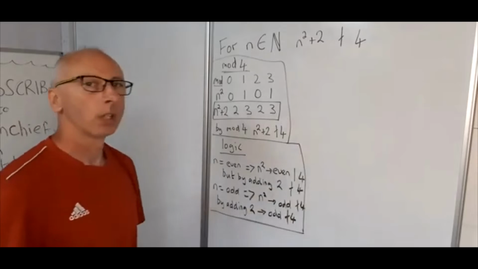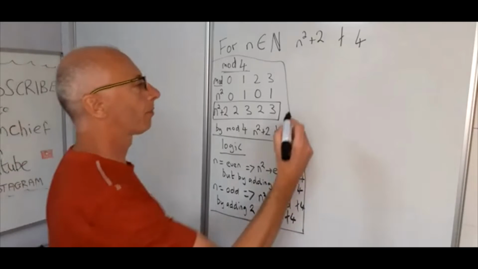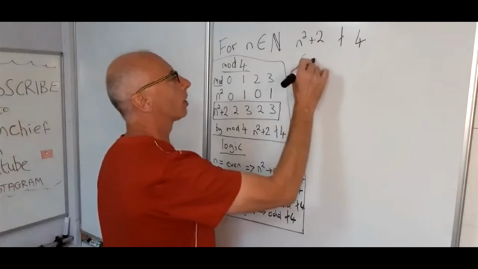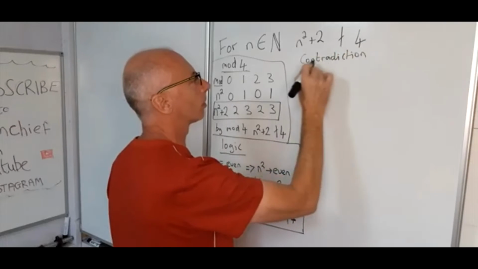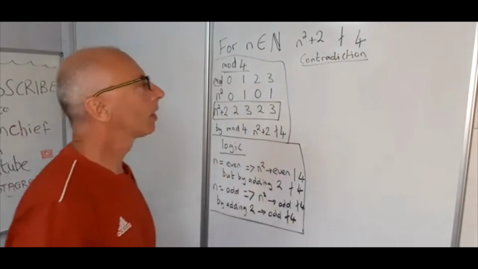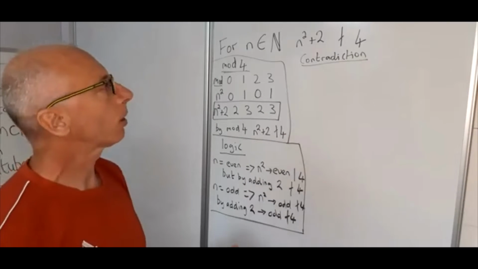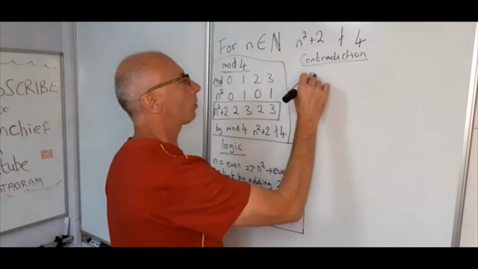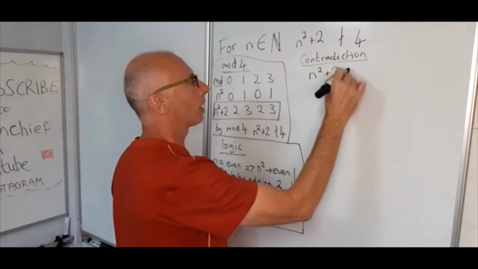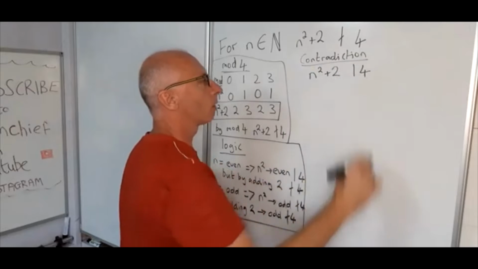What about proof by contradiction? So that's our next method. By contradiction, we're now going to assume that n squared plus 2 is divisible by 4.